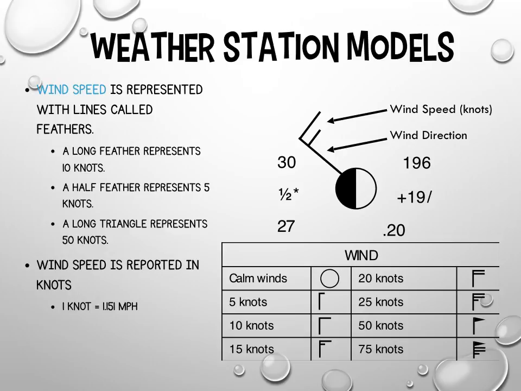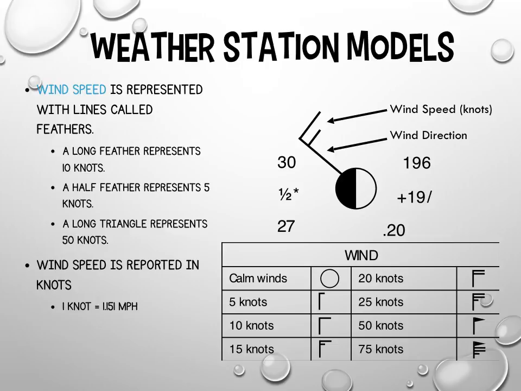Now we're talking about wind speed. Our wind speed is represented with lines called feathers, those little pieces that come off. Depending on how many lines you have tells us the speed. Here we have 15. It's a long line and a short line. If there were two long lines, it'd be 20. Two lines and a short would be 25.